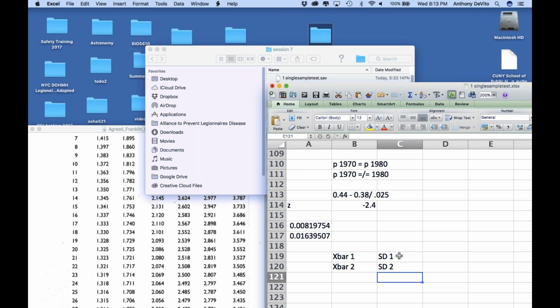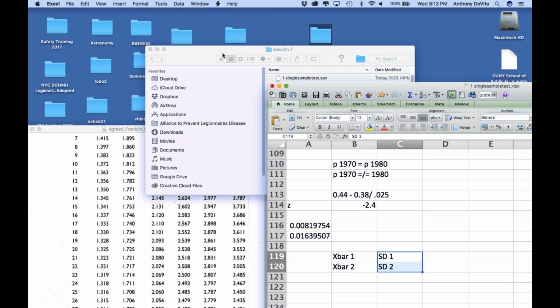If, on the other hand, they look quite different, like one is double the other, for instance, then I don't want to pool them. I have to do a more complicated calculation, because I don't have a single standard deviation that I can use to measure the difference in standard errors across these two.